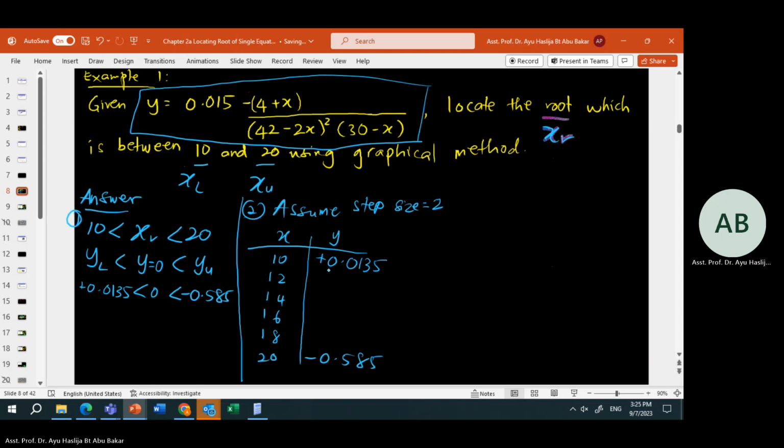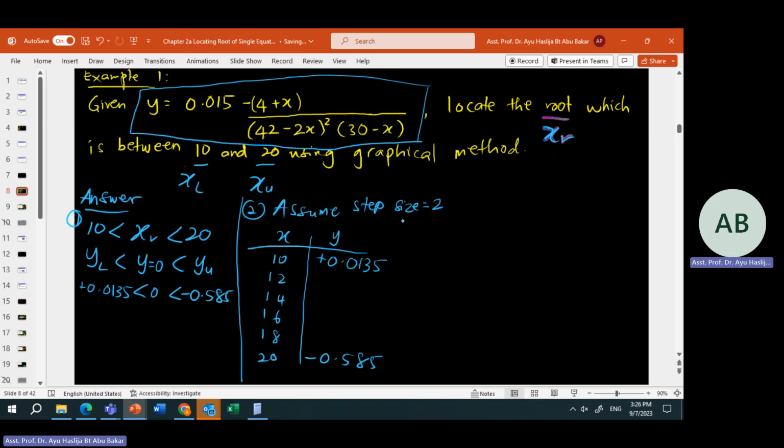Okay, we are running out of time. Complete all of these values for Y, using X from 12 to 18. Try to complete. Tomorrow we continue. For step 2 over here, since the question doesn't give you any step size, we assume step size equals 2.